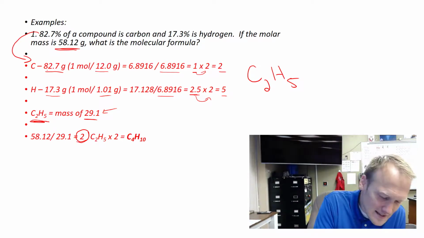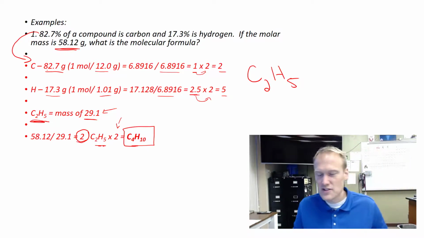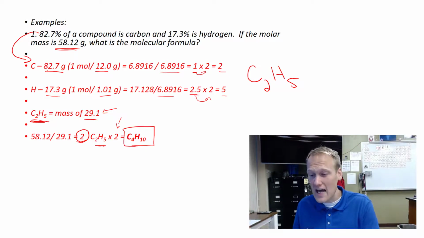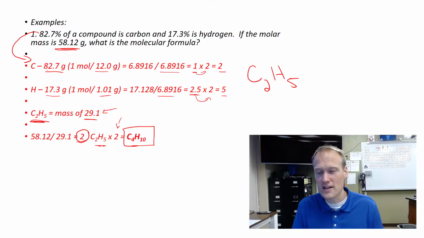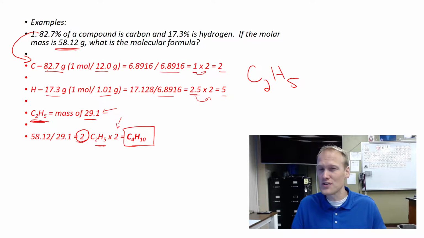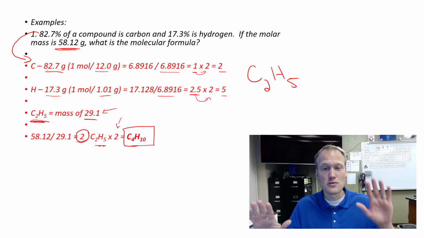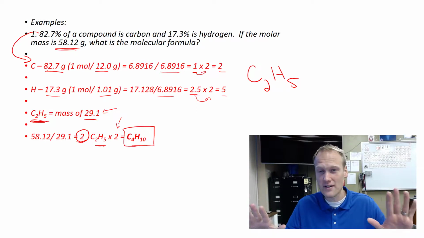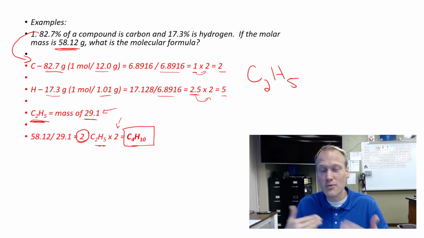Meaning that we need to double the empirical formula to get to the actual molecular formula. So instead of C2H5, the actual molecular formula is C4H10. So really what you're doing is you're comparing the empirical formula that you calculate to the molecular formula that's given and seeing how many times you need to multiply by to get to the correct mass.